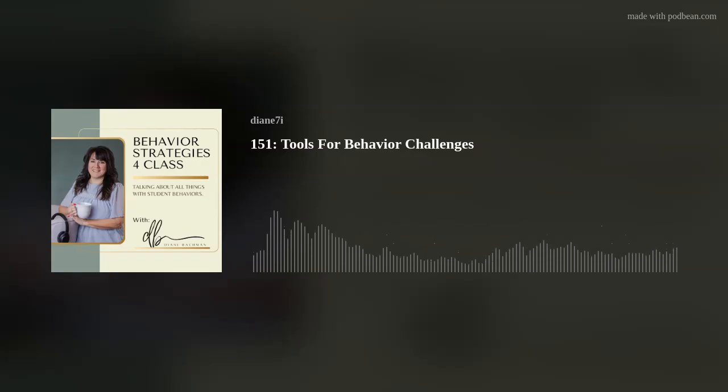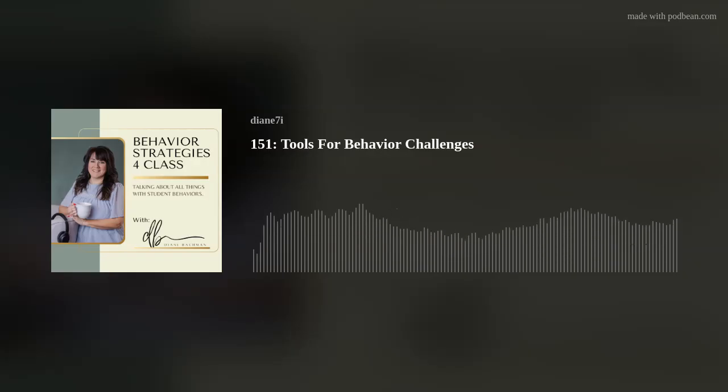And then at the end of the week, they use those points in our store in the classroom. So that's another way the behavior goal sheet motivates them as well. And that goes with them all day, and that's how they earn those points throughout the day in the different classes that they're in.